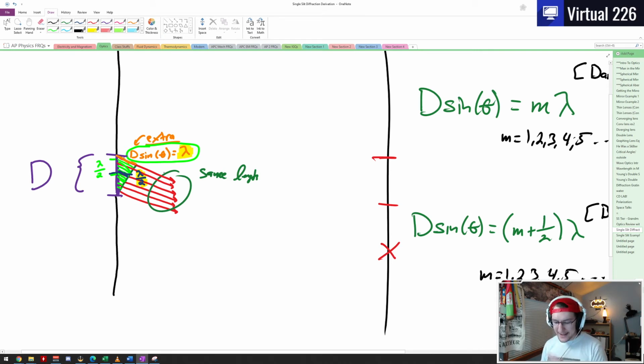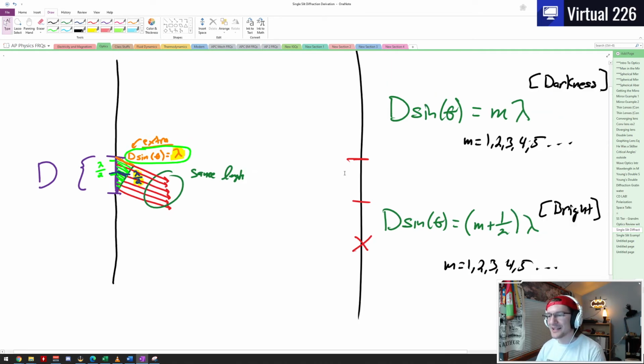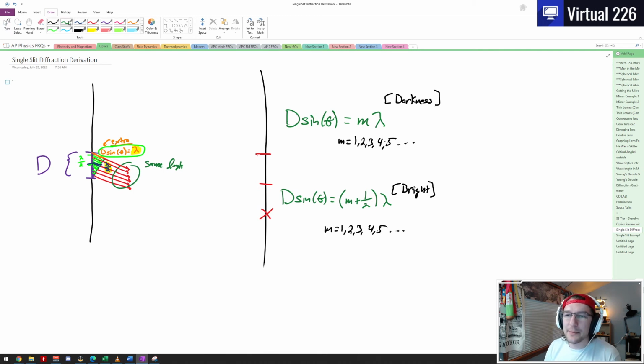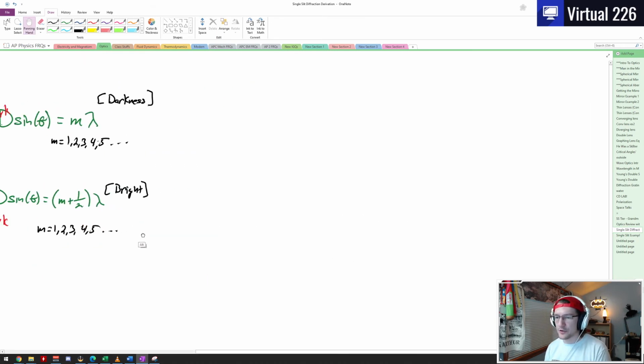Now, what this is also going to cause is something a little bit weird. When we look at this actual output from a single slit, since this is a dark spot and this is a dark spot, what we're going to see for our intensity curve is something like this. It's going to look very similar to before, and maybe it'll be easier if I draw it over here.